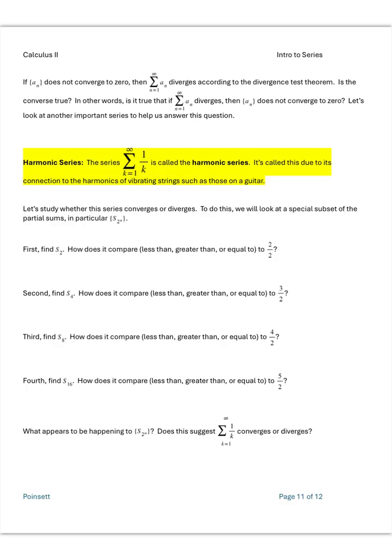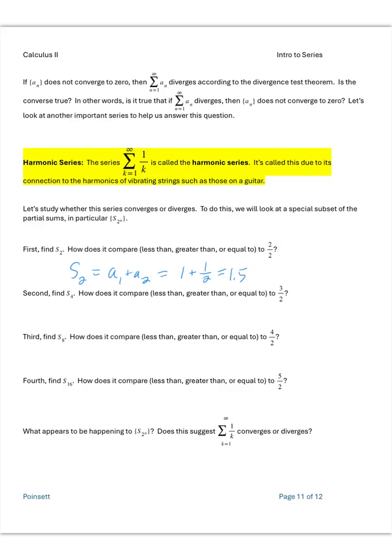Of course, recall that s sub 2 is a sub 1 plus a sub 2. And in this case, that would be 1 over 1 plus 1 over 2, which of course is 3 halves. We'll write this as the decimal 1.5. Now, somebody who has done this in the past has realized a pattern here. So what we need to do is compare our result, in this case specifically, to the number 2 over 2.